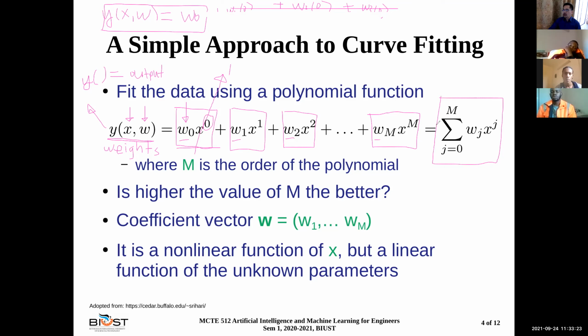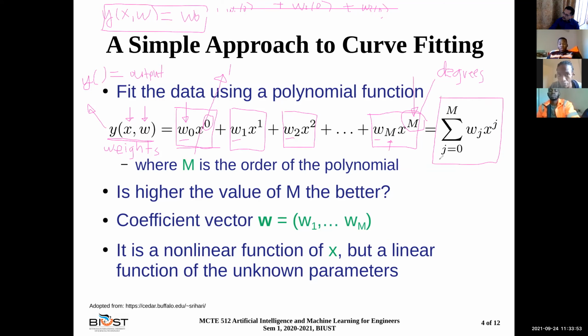So the m is the degree of the polynomial. We call it the degree of the polynomial, or the highest exponent. So we can see that the degree of the polynomial, the number of the degree, is equal to the index of your coefficient.